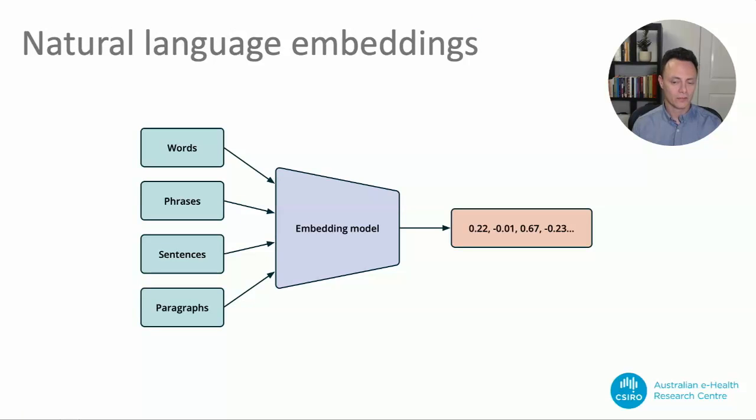Now we'll talk a bit about some alternative approaches to representing terminology concepts. An embedding is a numerical vector that captures and compresses meaning from some higher dimensional space. Text embedding models can take a word, phrase, sentence, or even a whole paragraph and produce an embedding.